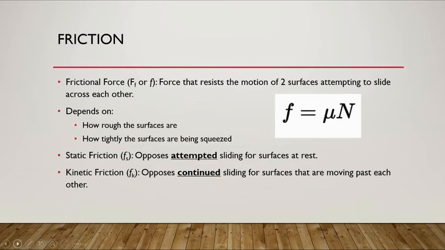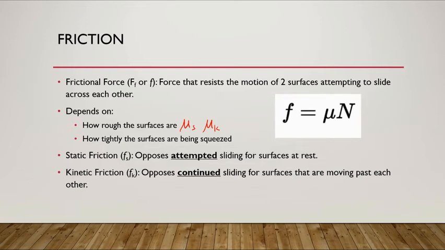Now, something that we know is that the force of friction is dependent on, number one, how rough the surfaces are, or what we call the coefficient of friction. And we have a coefficient of static friction and a coefficient of kinetic friction. And then also how tightly the surfaces are being squeezed, which means how strong the normal force is.